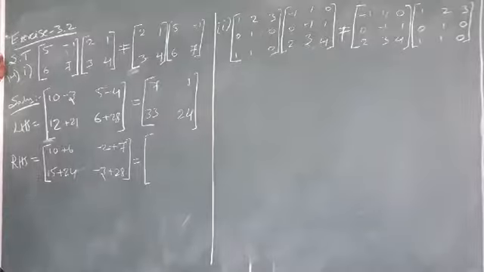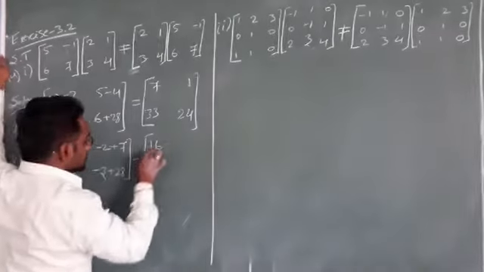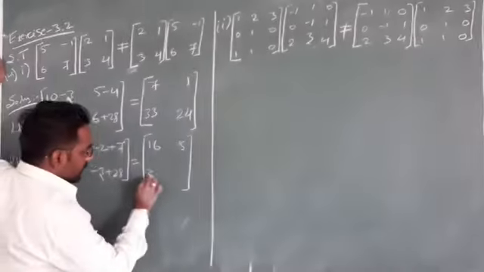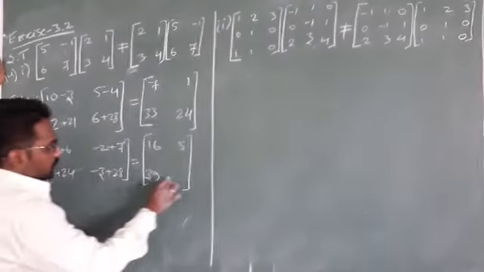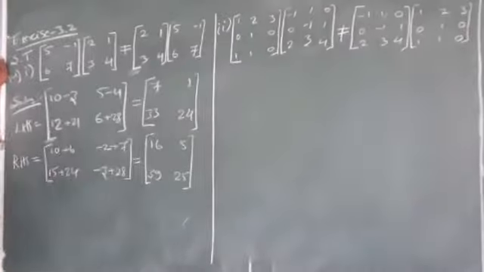So, what is the result, students? 10 plus 6, that is 16, minus 2 plus 7, plus 5. 15 plus 24, that is 39. Minus 3, 28, 25.